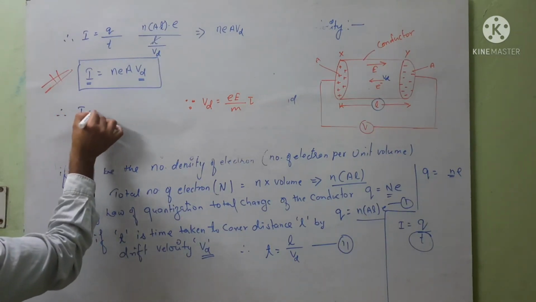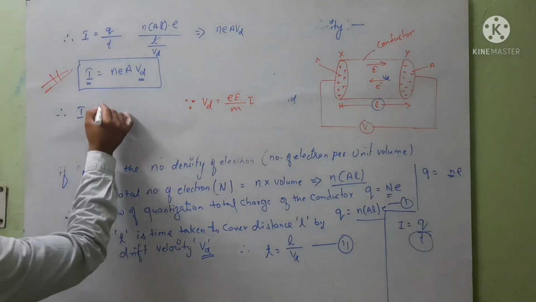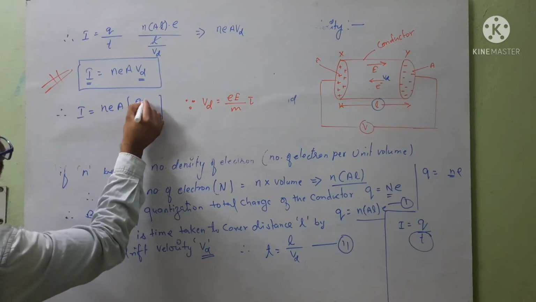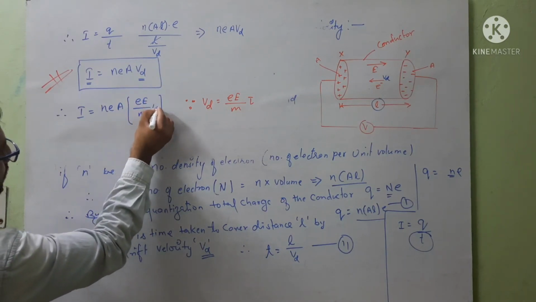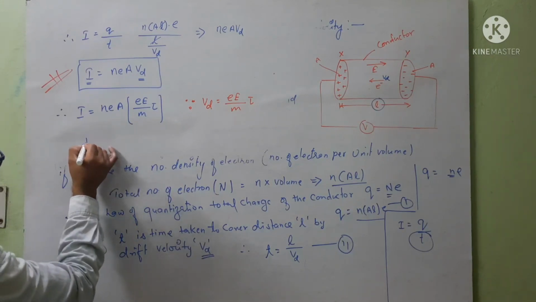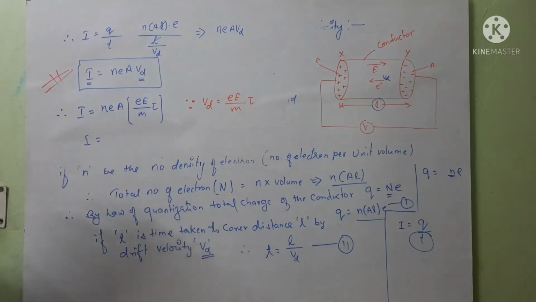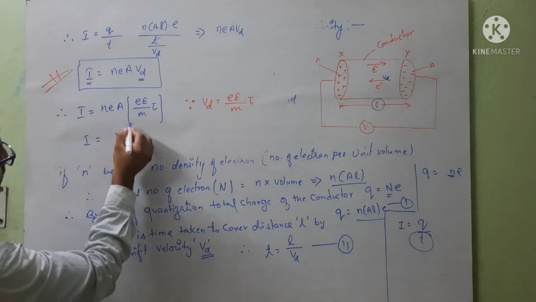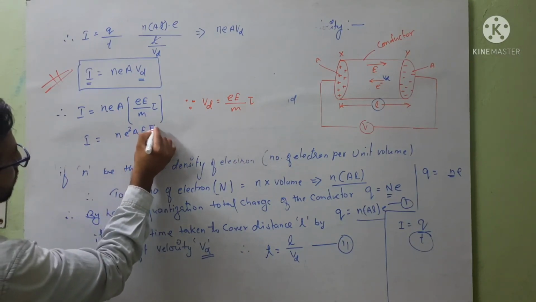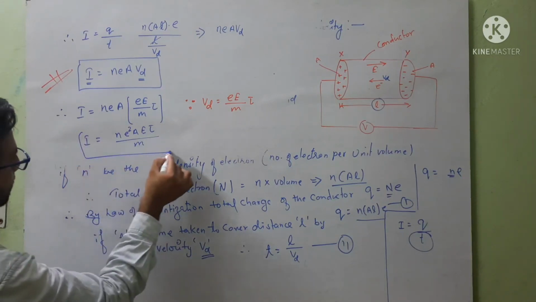The formation of this relation will be important for your numerical portion. nAe in terms of Vd, eE upon m tau. Which values cancel out? Is there any? No. So I is equal to n e squared A E tau over m. Got it? So this is one more relation for you.